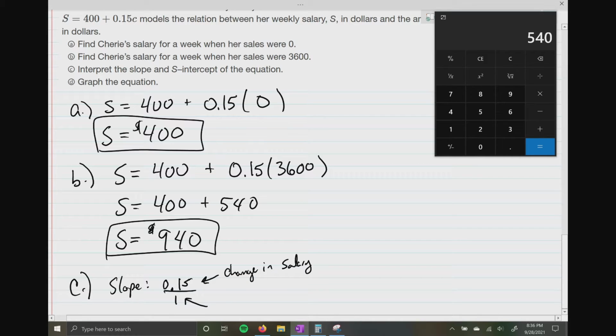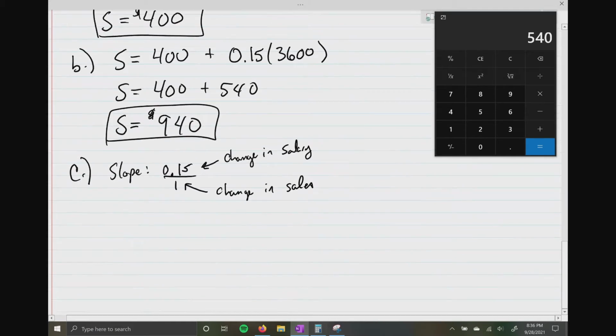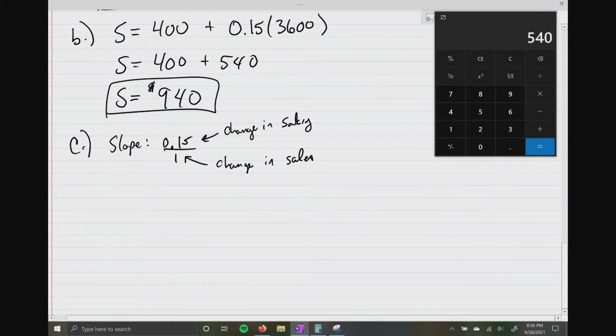And the denominator will be change in sales, okay? And when we go ahead and we just write a statement about this, we're going to say for each additional $1 in sales.